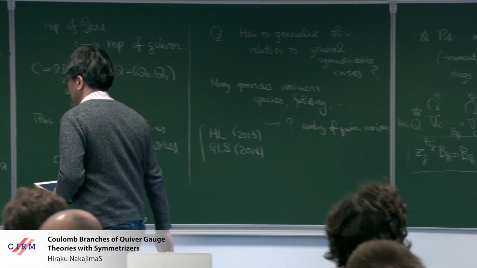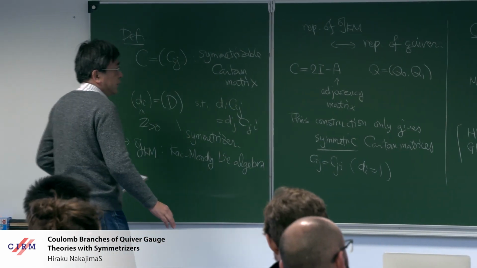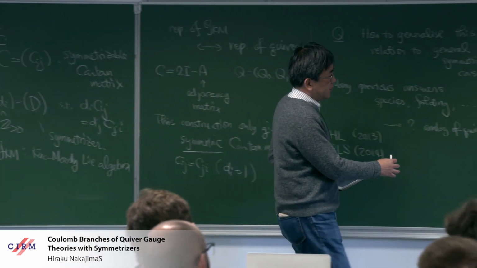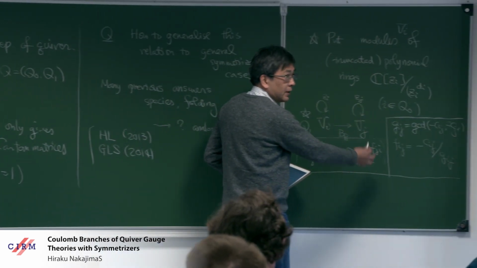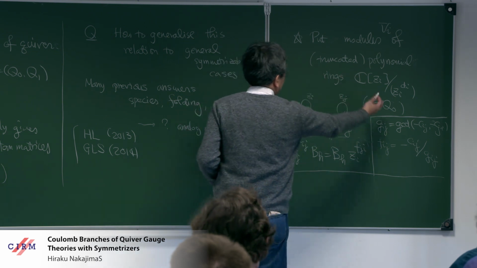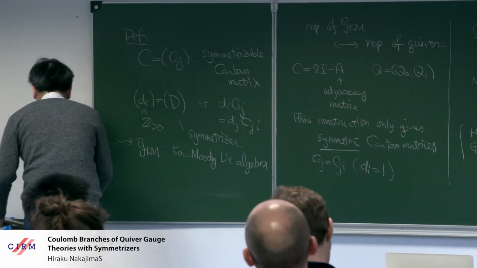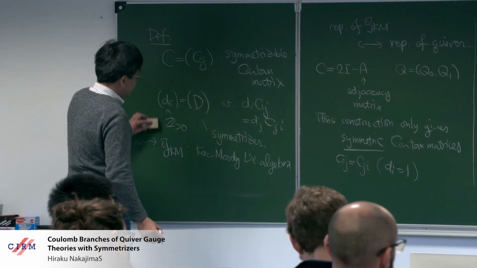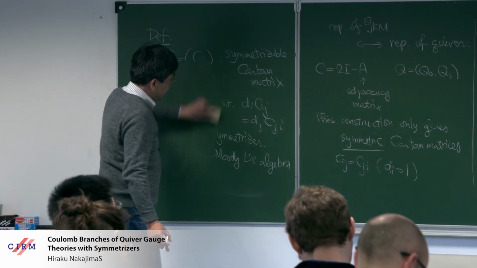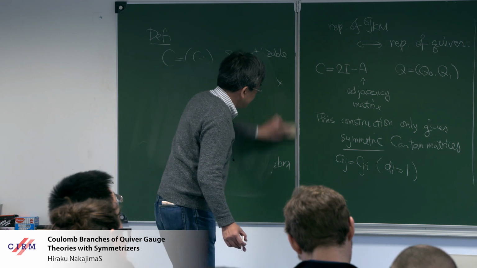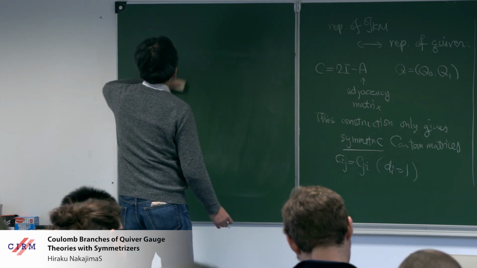And then they study the representation theory of this kind of algebra. So this is a finite dimensional algebra, and it has various nice ring theoretical properties, which is very similar to the usual representation theory of quivers.